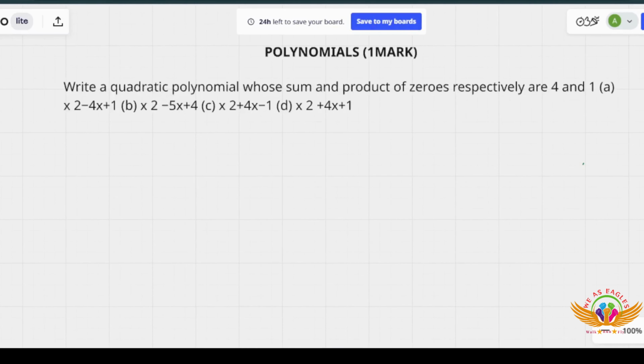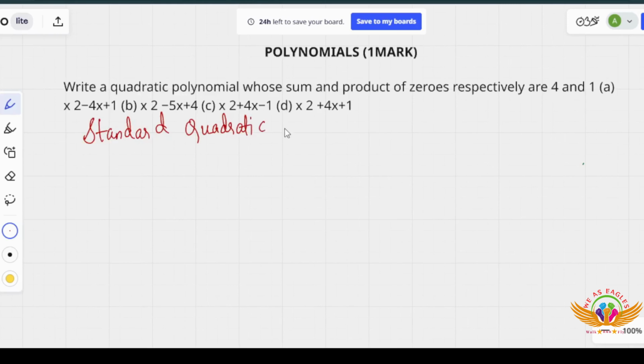So, you need to understand that there is a standard formula to find a quadratic polynomial. So, that formula I'm going to write here. This is a standard quadratic equation: x square minus (alpha plus beta) into x plus alpha beta.